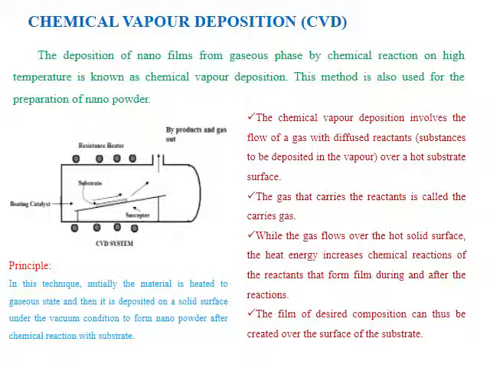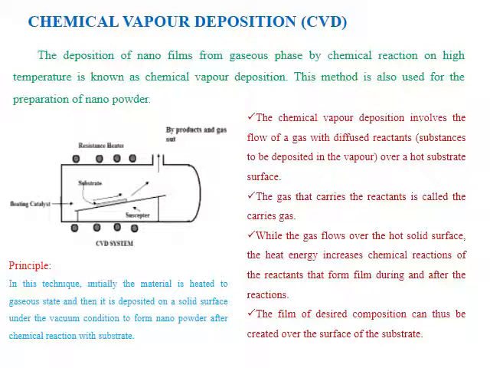So here the fundamental principle is, in this technique, initially the material is heated to a gaseous state and then it is deposited on the solid surface under vacuum condition to form nano powders after chemical reaction with the substrate. So in this method we can produce nano powders and nano films depending on our requirement. Here the whole system is heated up with a resistance heater.